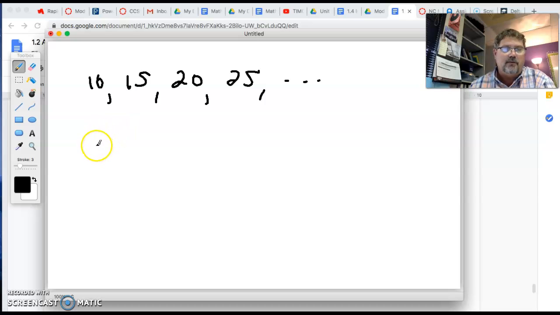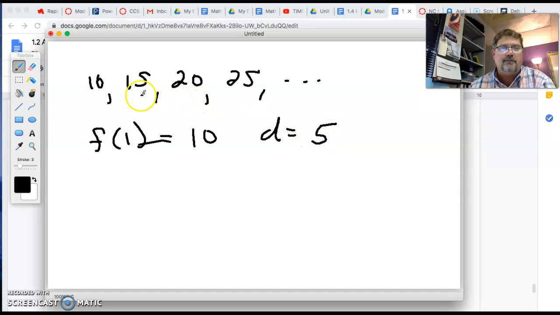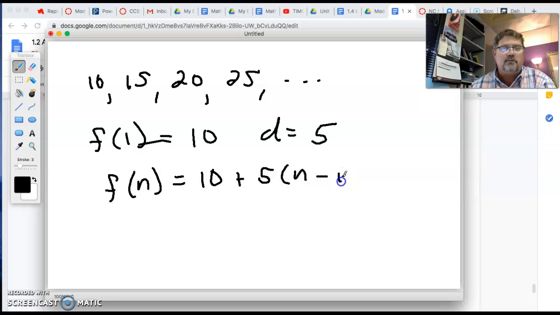And we know that f of 1 is 10. d is 5, 15 minus 10. And so we quickly come up with f of n is 10 plus 5 times n minus 1. 10 plus, I'm going to distribute here, 5n minus 5.